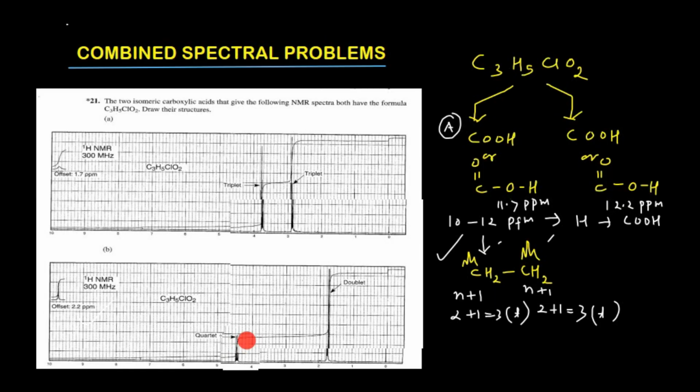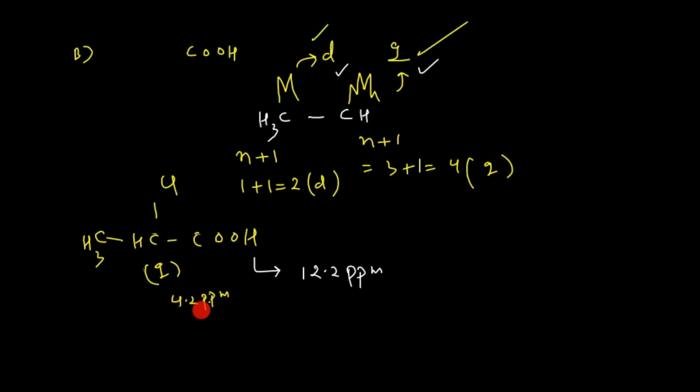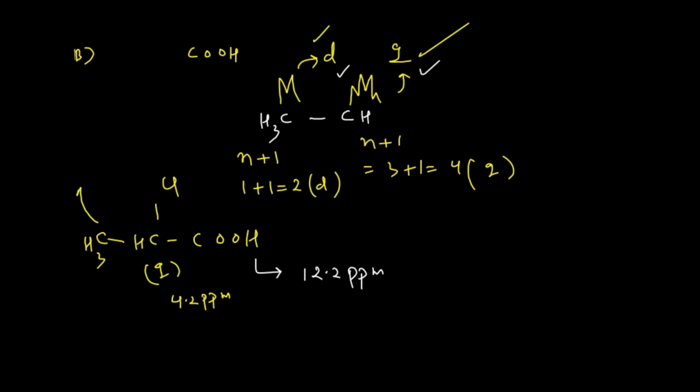Yes, you can see here this quartet is appearing exactly at the position I have given here, 4.2 ppm, and your next signal, which is nothing but a doublet, I'm writing D for this one, it is appearing at 1.8 ppm. Okay. So this is how your proton NMR spectrum is useful in differentiating the two different isomers.